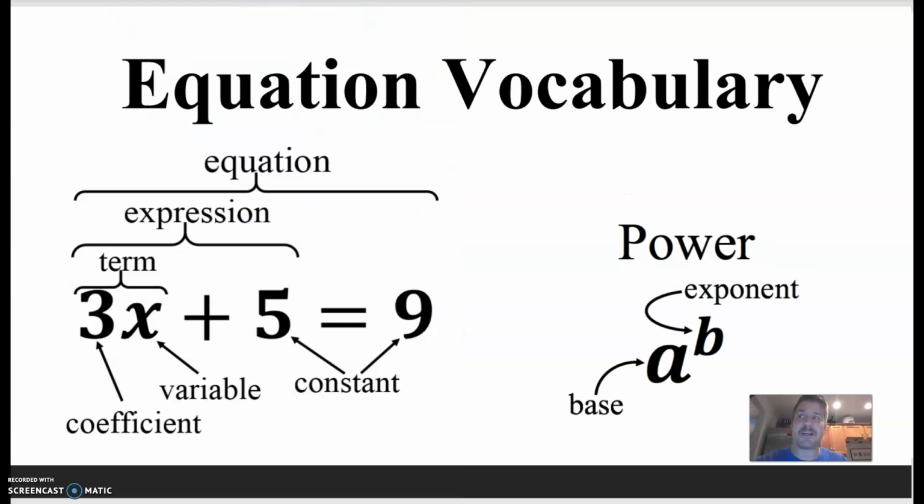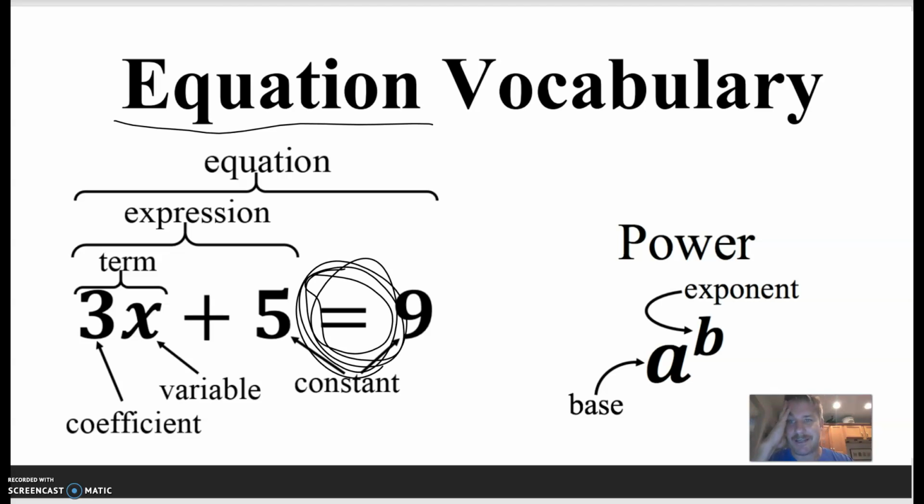So, first of all, what's an equation? Anytime you have an equation, an equation is anything that has numbers on each side along with an equal sign in between them.